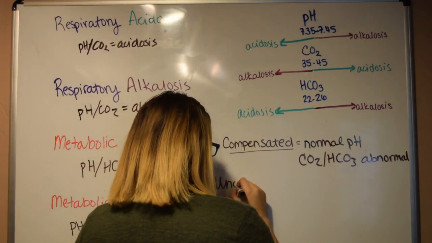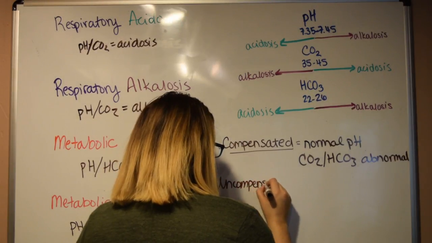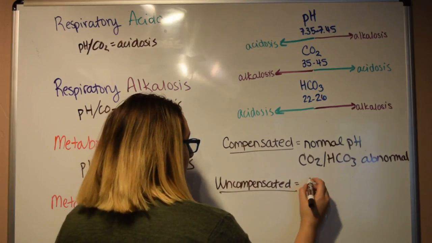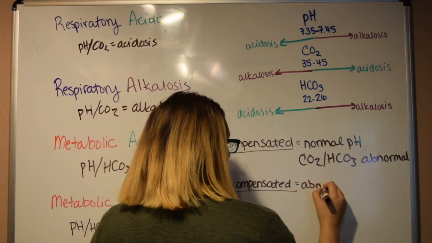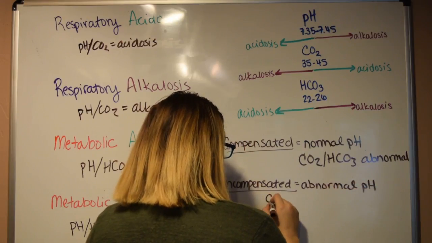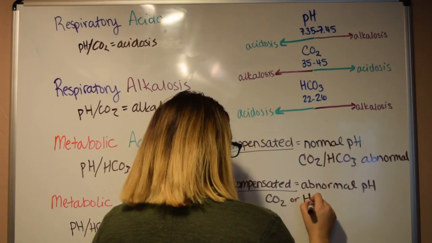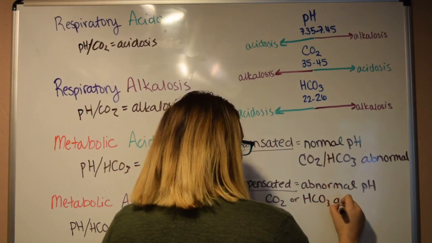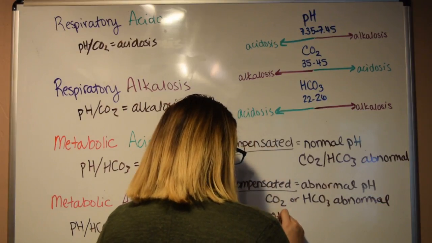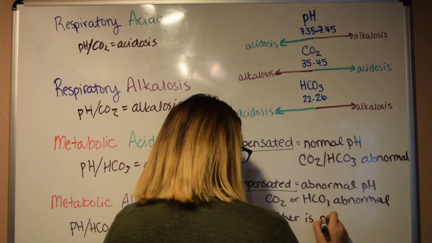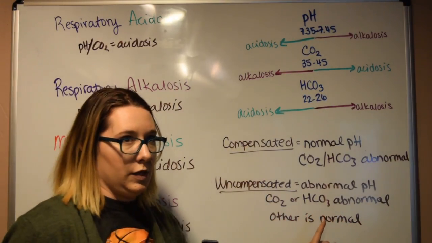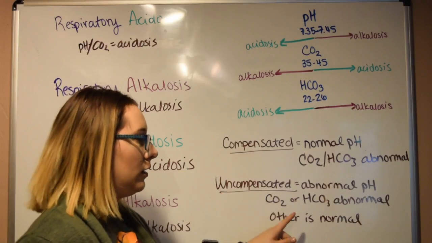So uncompensated means it has not fixed the problem. So that means your pH is abnormal and your CO2 or your bicarb is abnormal and the other is normal. So either your CO2 or your bicarb is going to be off, and the other one that's not off is normal.